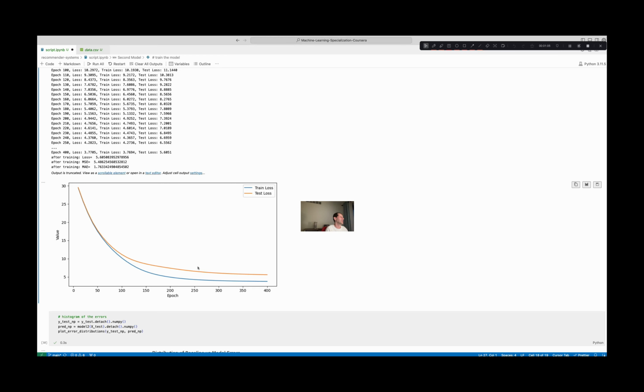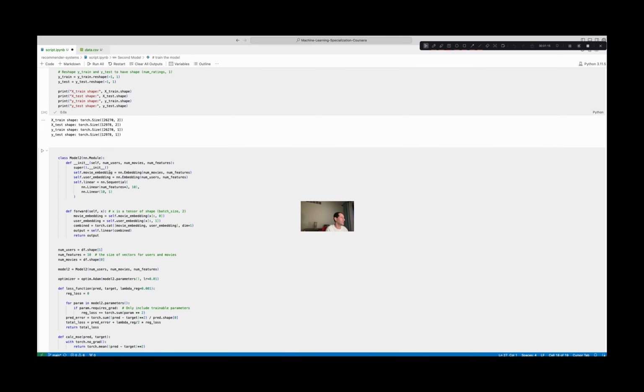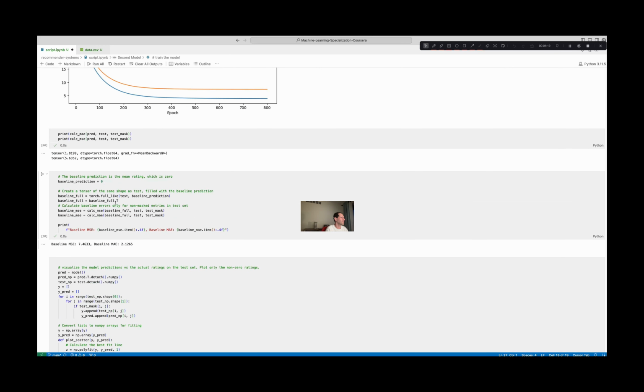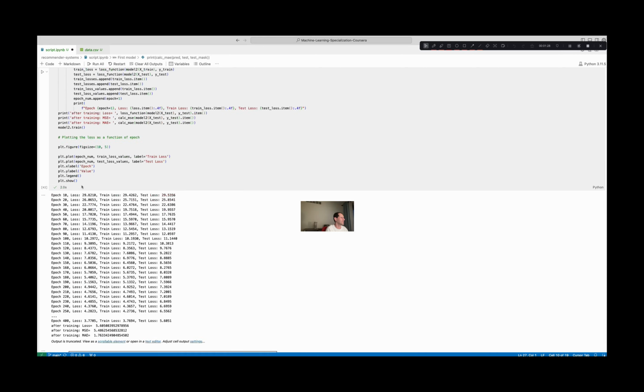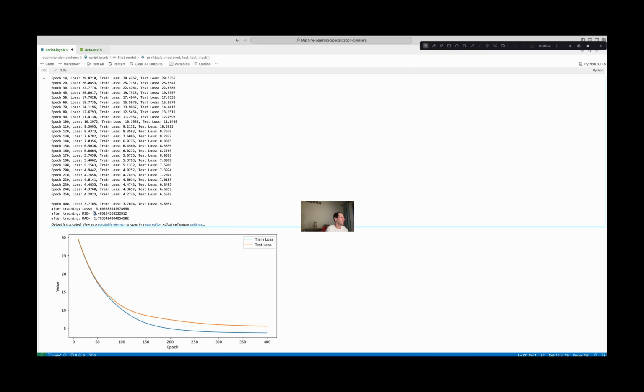What is of note, let's look at the mean squared error of 5.48 and compare it to the first model. Where is it? 5.63 versus 5.48.